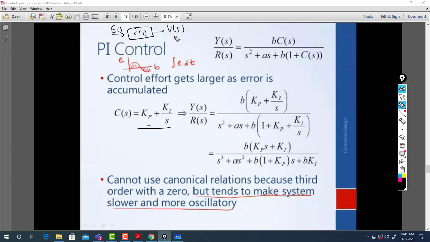Then your control signal gets larger as you are accumulating a lot of error. You sum them, then after some time you have a lot of error. That explains why the integral term eliminates the steady state error. So imagine that's my step input, and I want to track it.